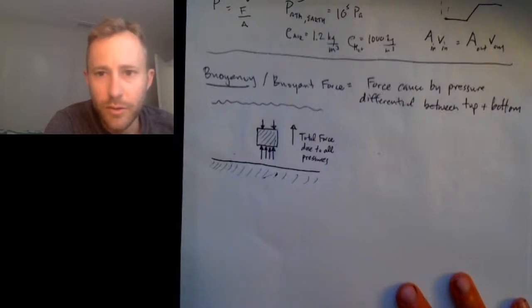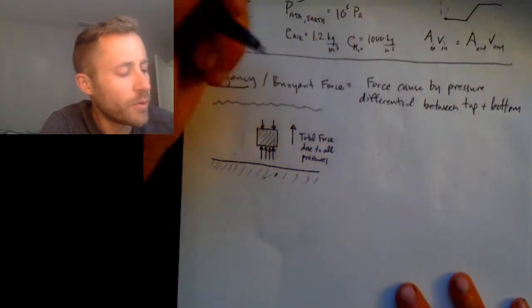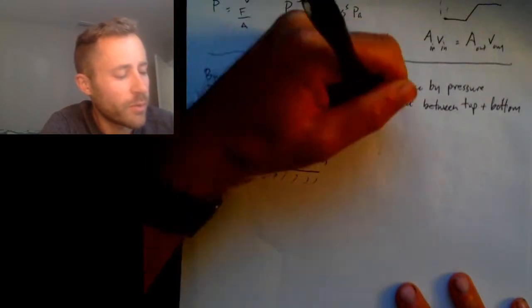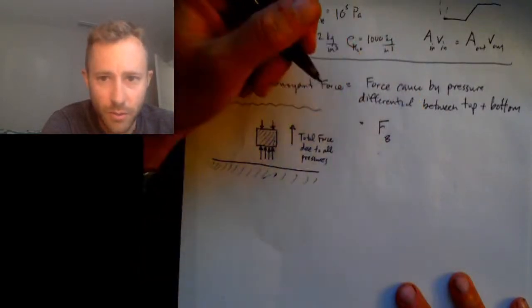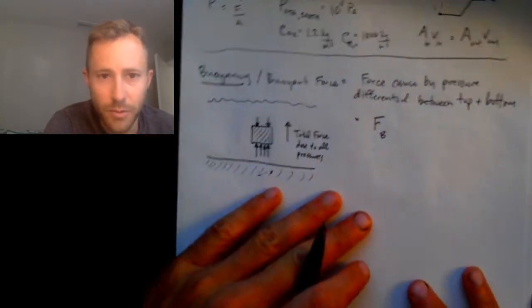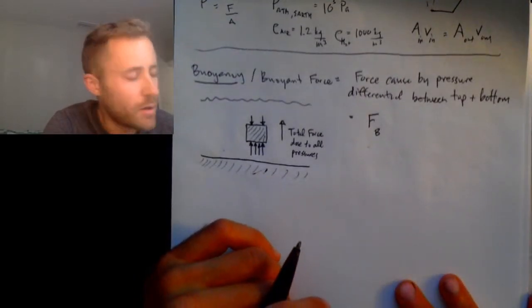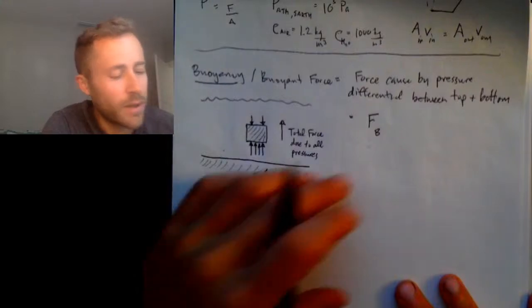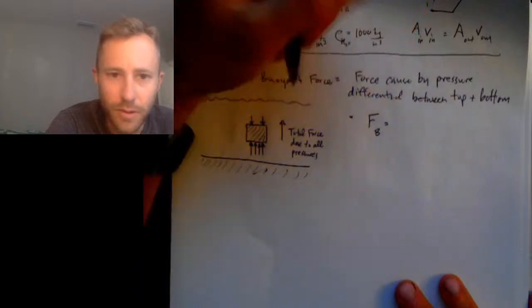There is a formula for the buoyant force, so I will call the buoyant force F sub B. I'm not going to derive it. If you want me to explain why this is the formula, I will happily explain it to you, but I'm just going to give you the equation.